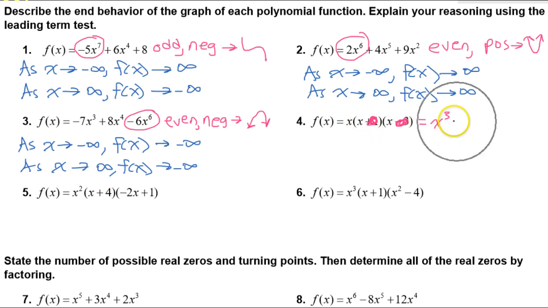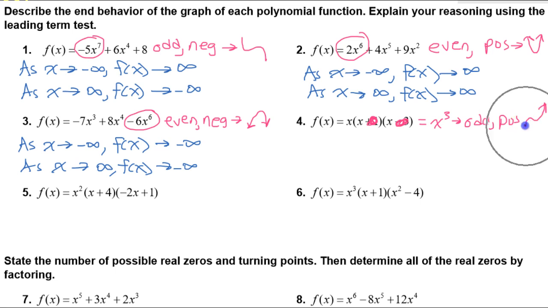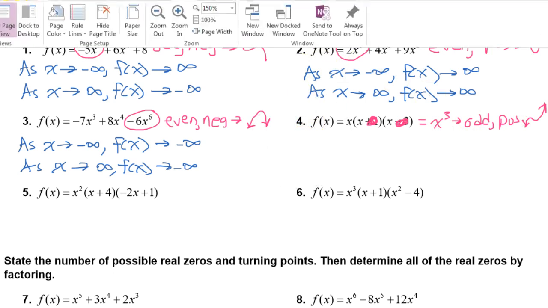All right, so that means that it is odd degree and positive. It's odd degree, so it's going to be one arm up and one arm down. Because it's positive, the right arm should be up. So this is our little end behavior picture.